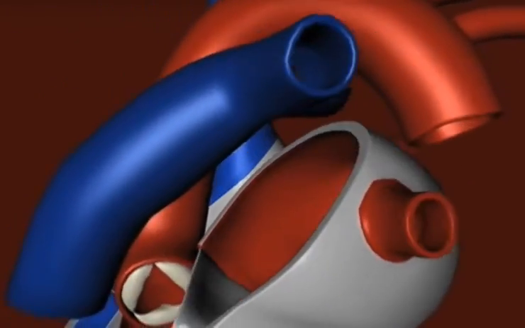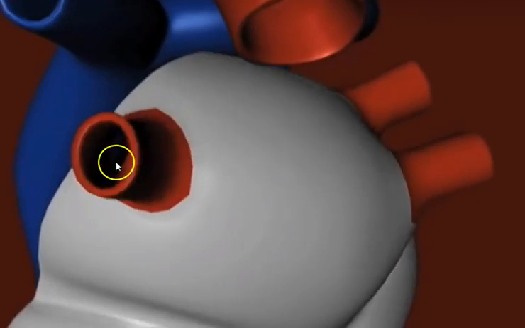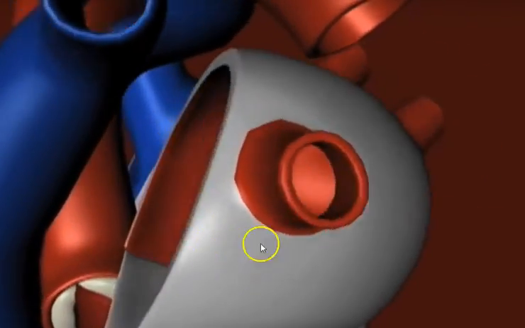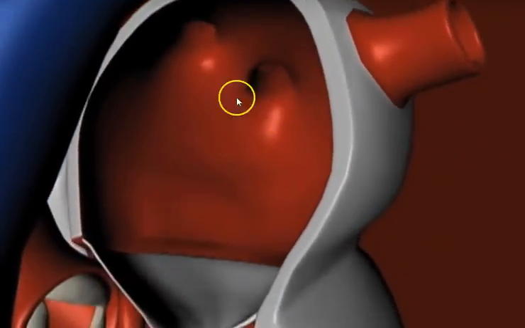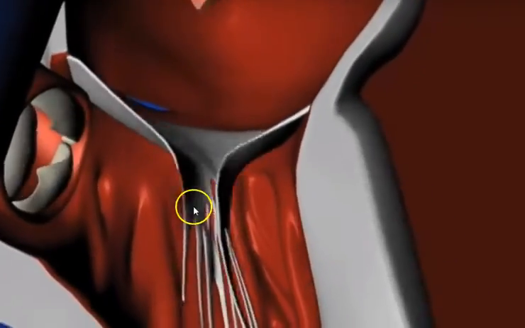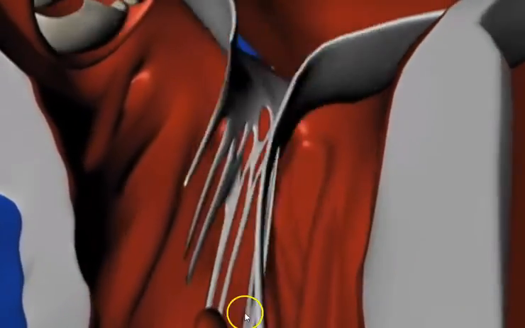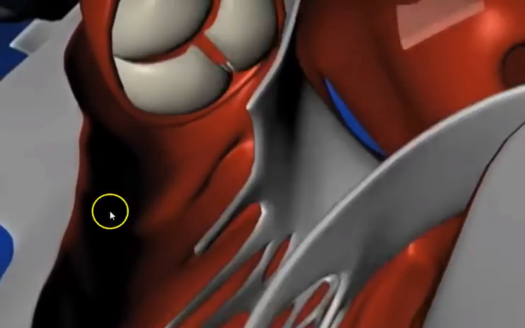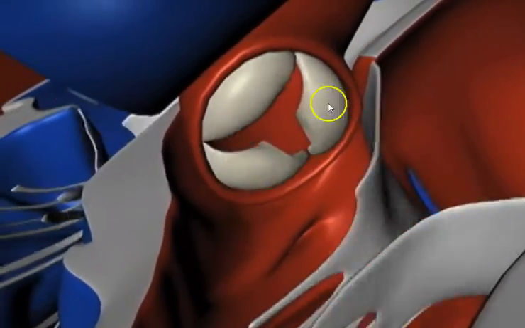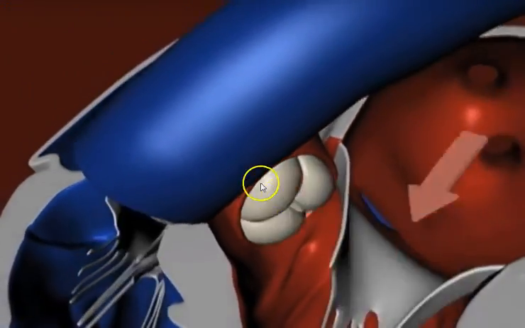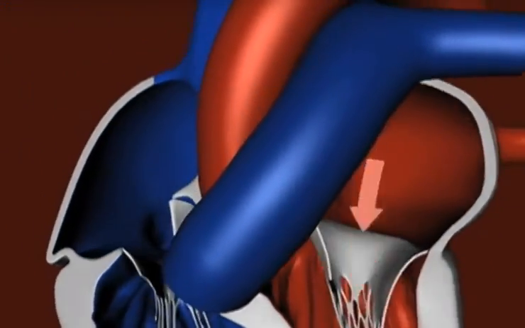Now, once oxygenation has happened in the lungs, it goes back in through the pulmonary veins into the left atrium, down through the valve, into the left ventricle, and then when the ventricle contracts, out through the other valve, we call a semilunar valve, which is going to take the blood off now through the aorta to the rest of the body.